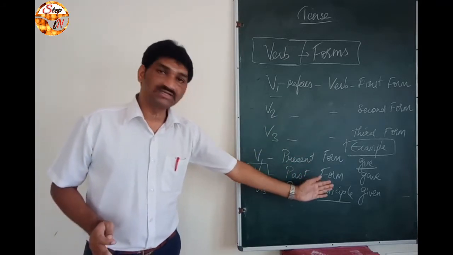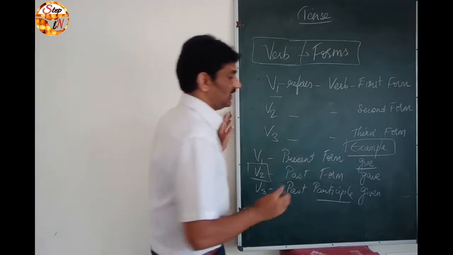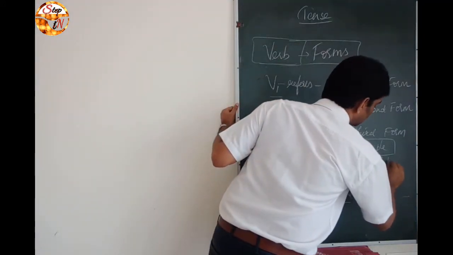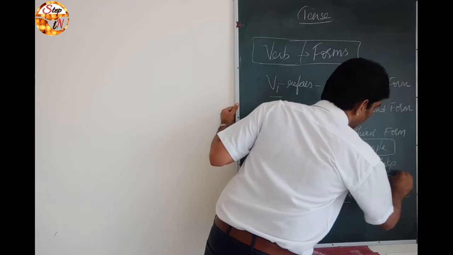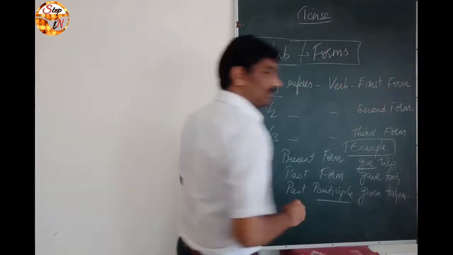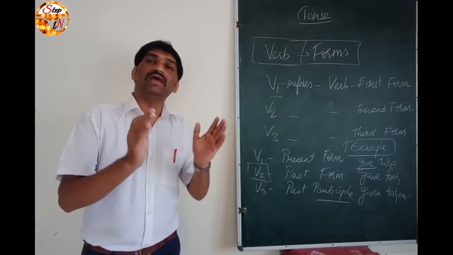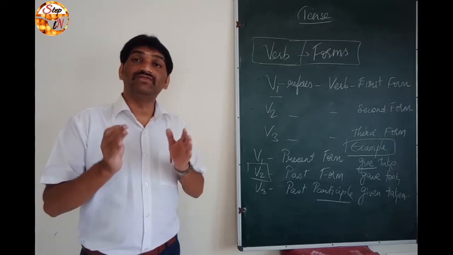So there is an example given here: give, gave, given. And same, we can have so many words also now. Take, took, taken. Break, broke, broken. Got it? So like that different words are there with different forms.